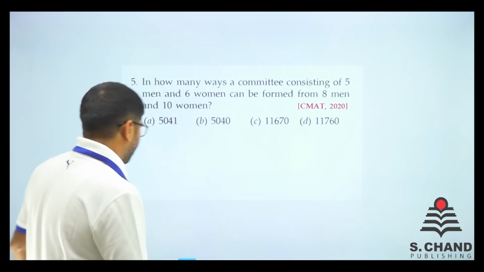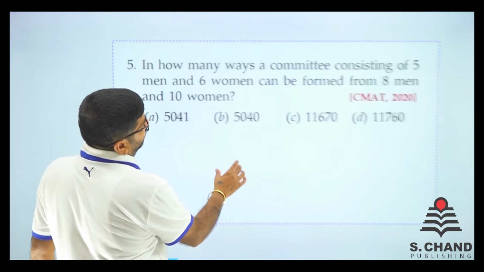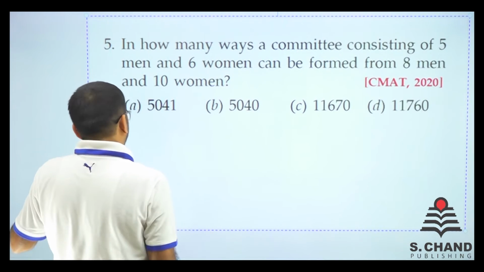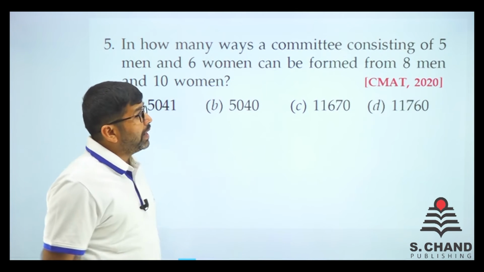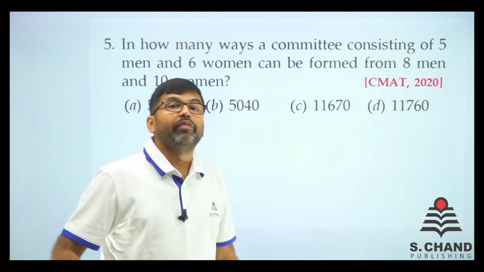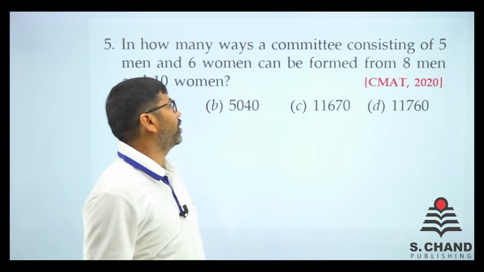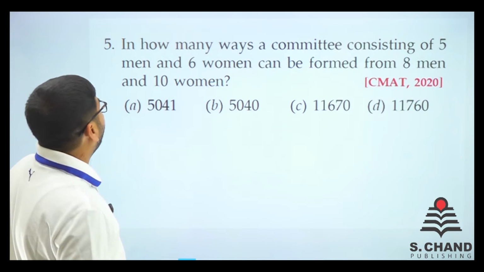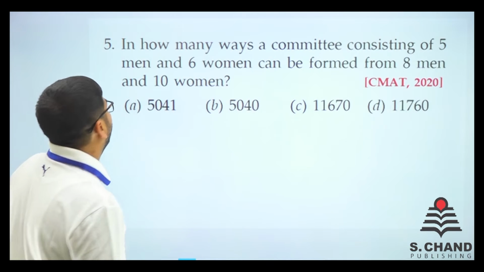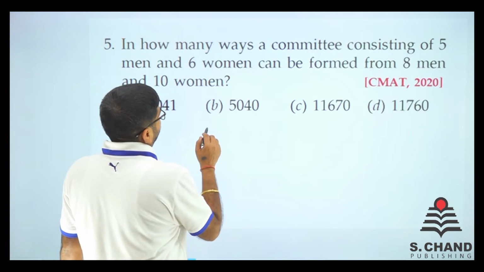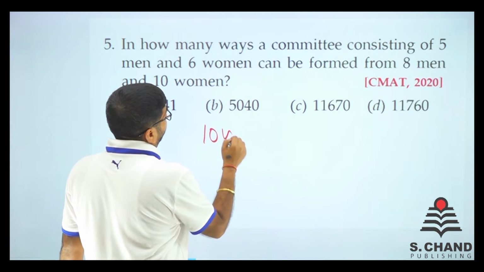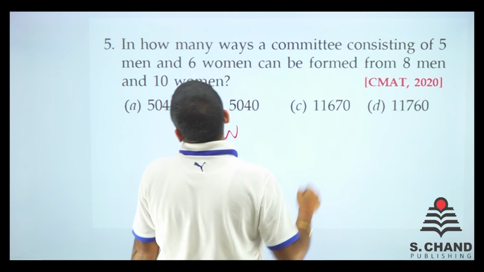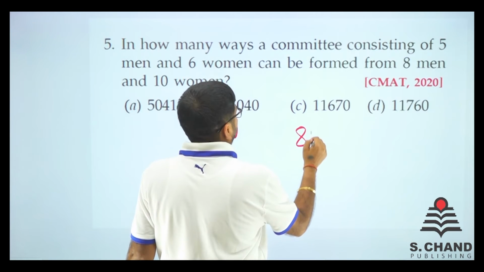This is CMAT. In MBA exams, permutation and combination is generally there. So this is from CMAT 2020, not a very old, just a recent question, right? In how many ways can a committee consisting of 5 men and 6 women be formed from 8 men and 10 women? See, there are a total of 10 women and a total of 8 men.